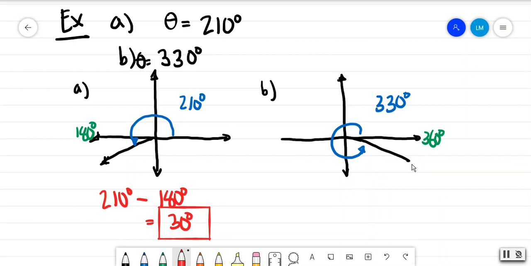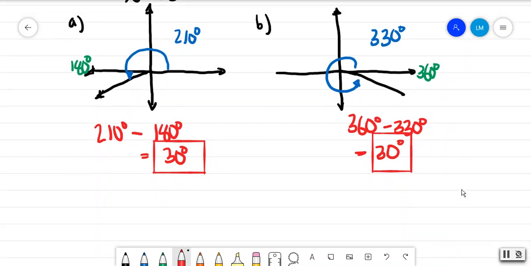Over here it terminated in quadrant 4, so you take 360 and subtract 330, and that gives you 30 degrees. So we found that the reference angle happened to be 30 degrees in both situations. Before, the angle was 45 degrees, so that's what I mean by we've already done this before.